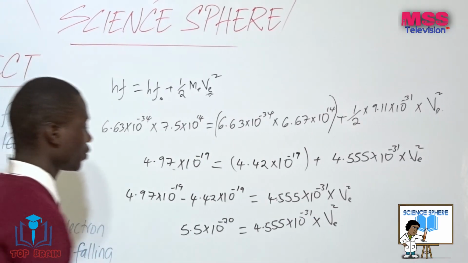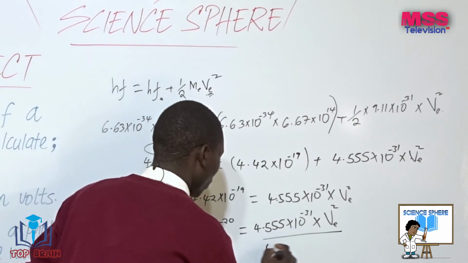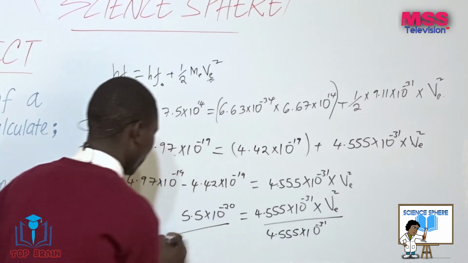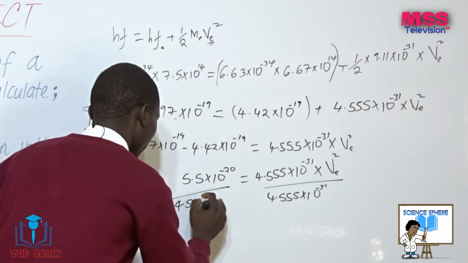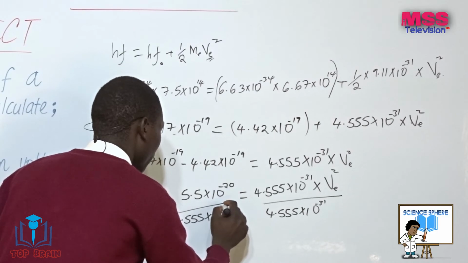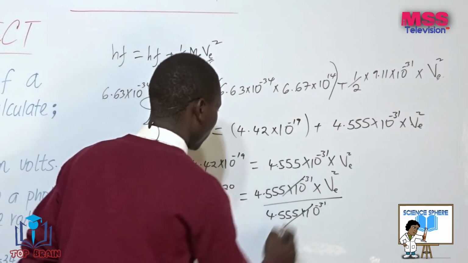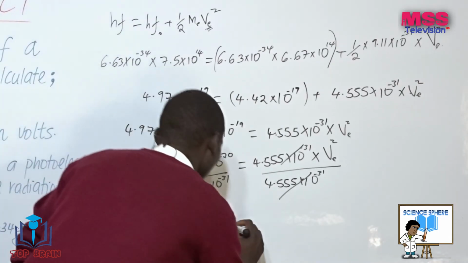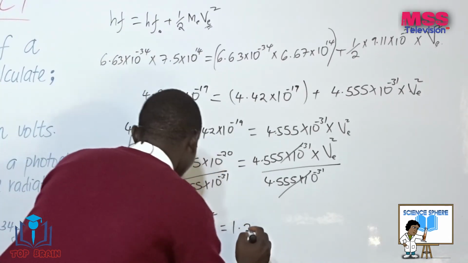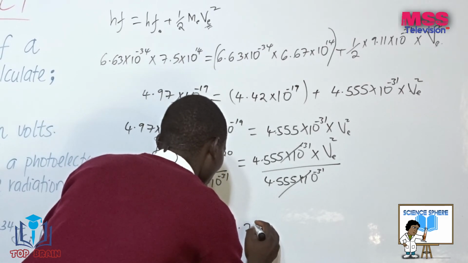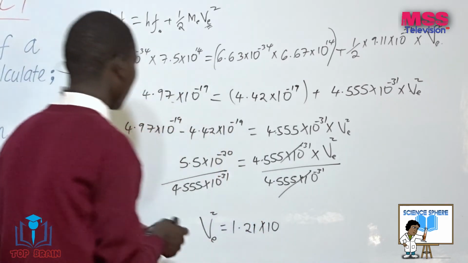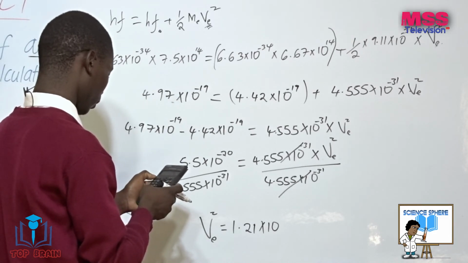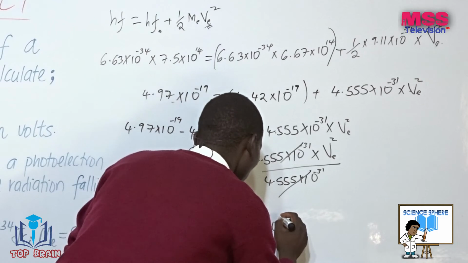To get V e squared, we divide both sides by 4.555 times 10 raised to negative 31. This one and this one cancel. So V e squared equals 1.221 times 10 raised to 11.